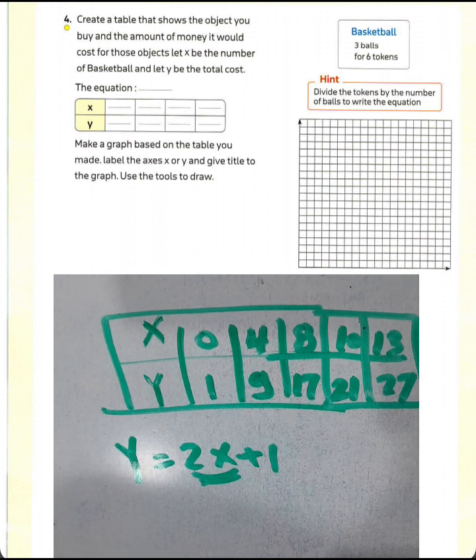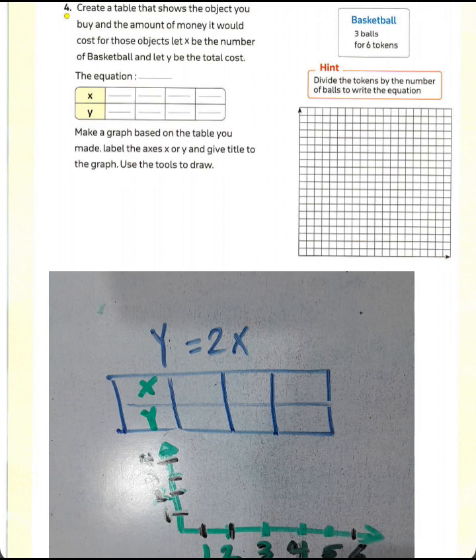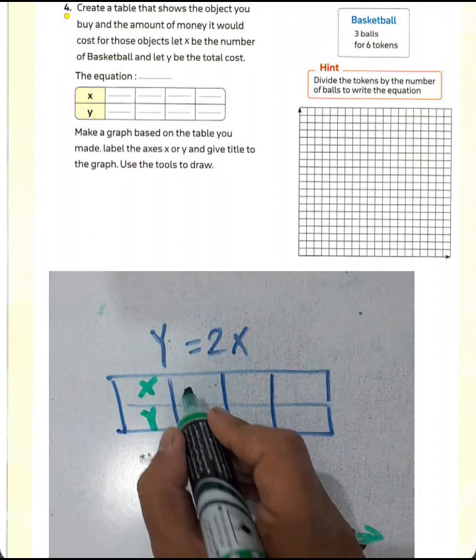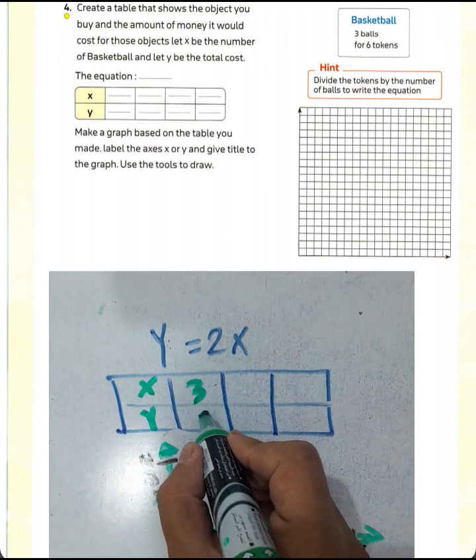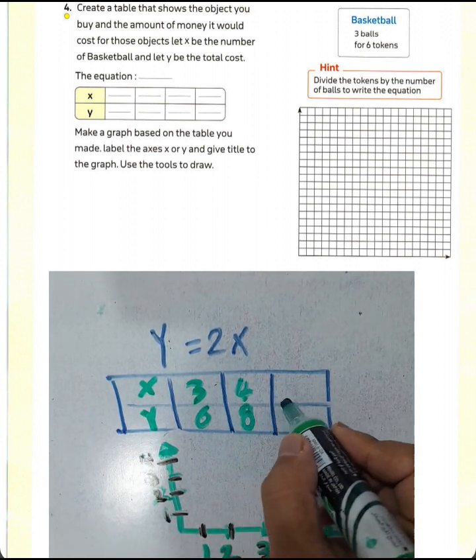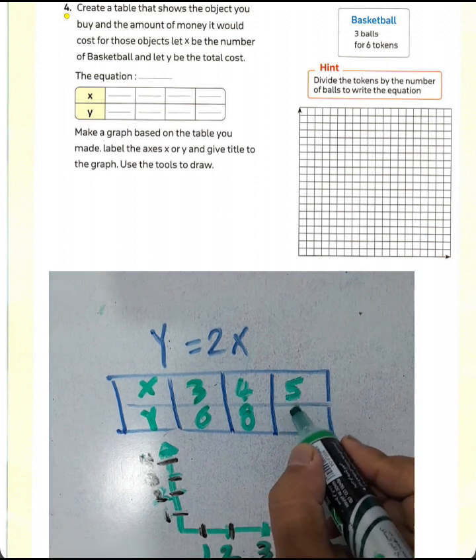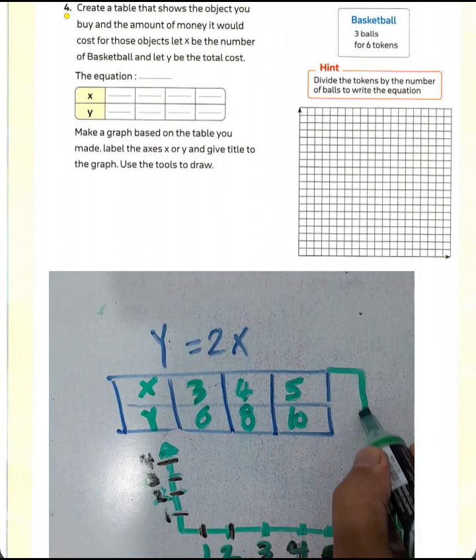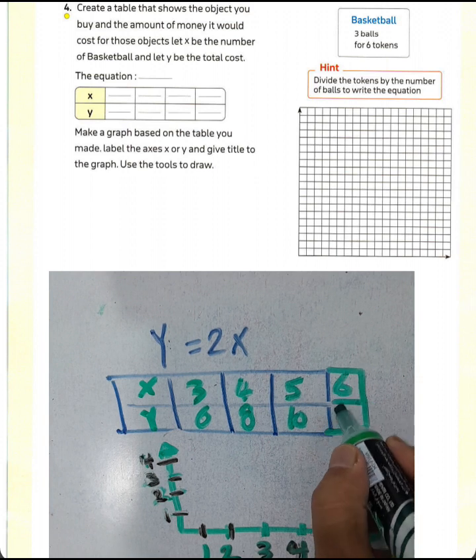Let x be the number of basketballs and let y be the total cost. Put y equals 2x. Put x equals 3: 3 times 2 equals 6. Write 4: 2 times 4 equals 8. Write 5: 2 times 5 equals 10. And write 6: 2 times 6 equals 12.